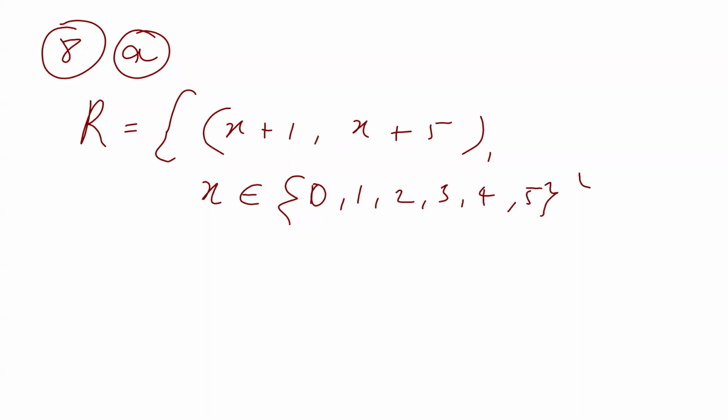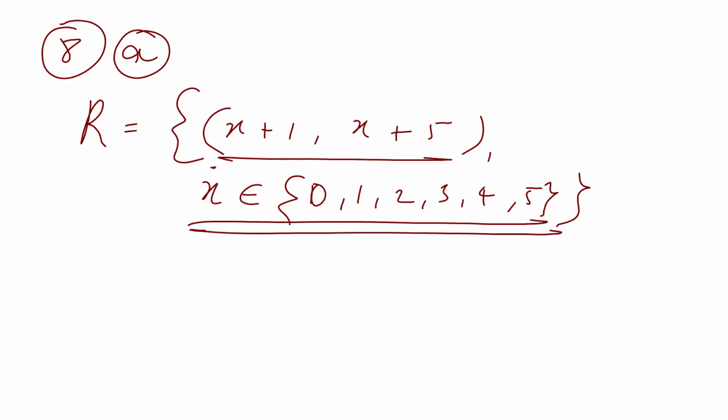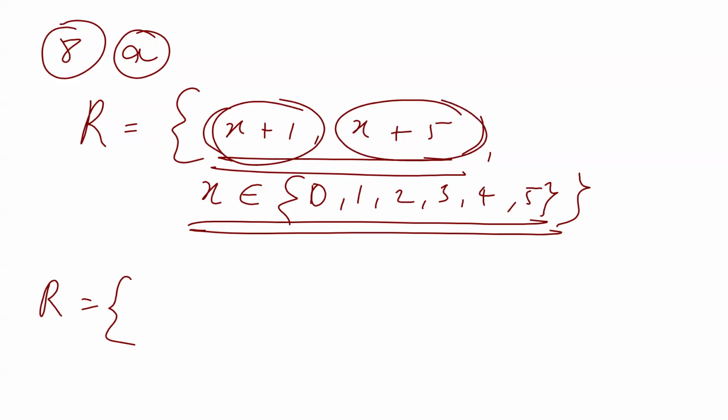Fine. So they have given you the descriptive manner. We have to write down the ordered pairs format. So put the value of x as 0 here. So the first ordered pair will be (0 plus 1, 0 plus 5). So 0 plus 1 is 1, 0 plus 5 is 5.